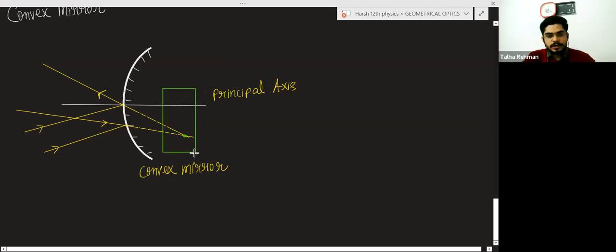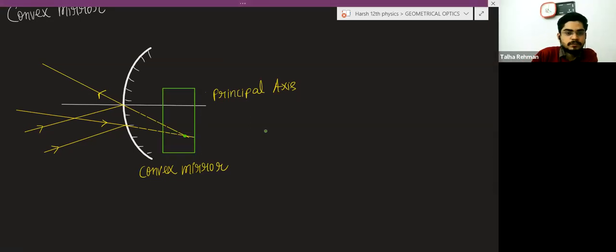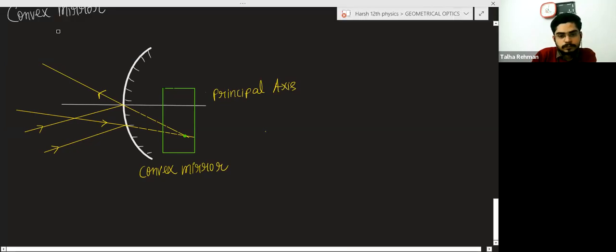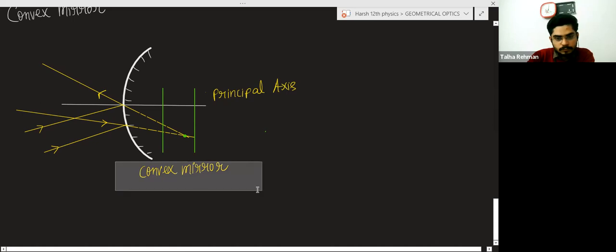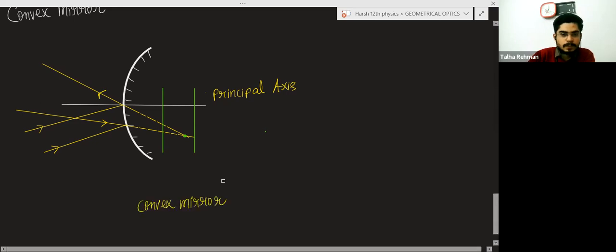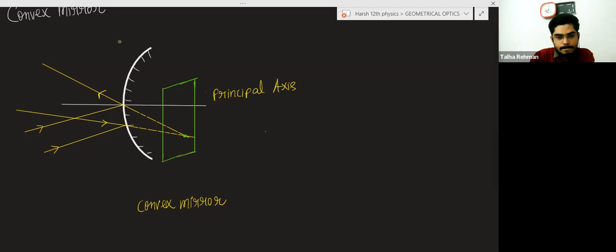Here it will be the focal plane. Suppose this point M is lying on the focal plane.